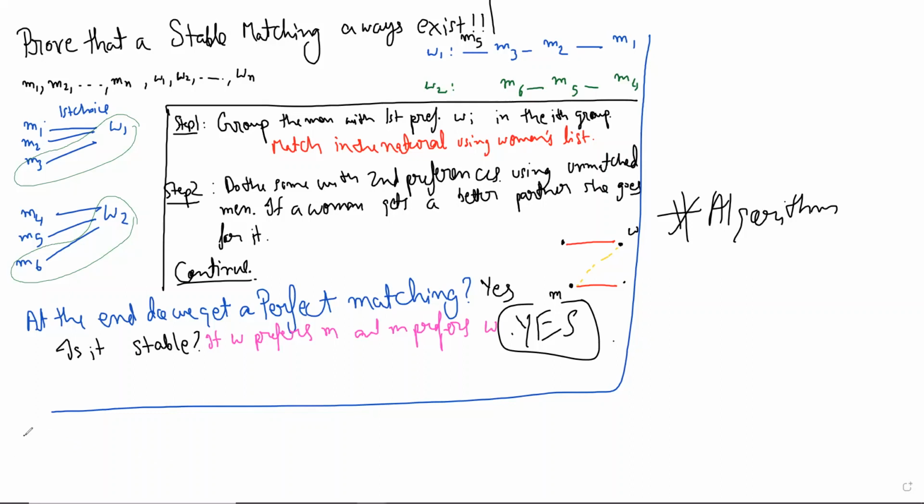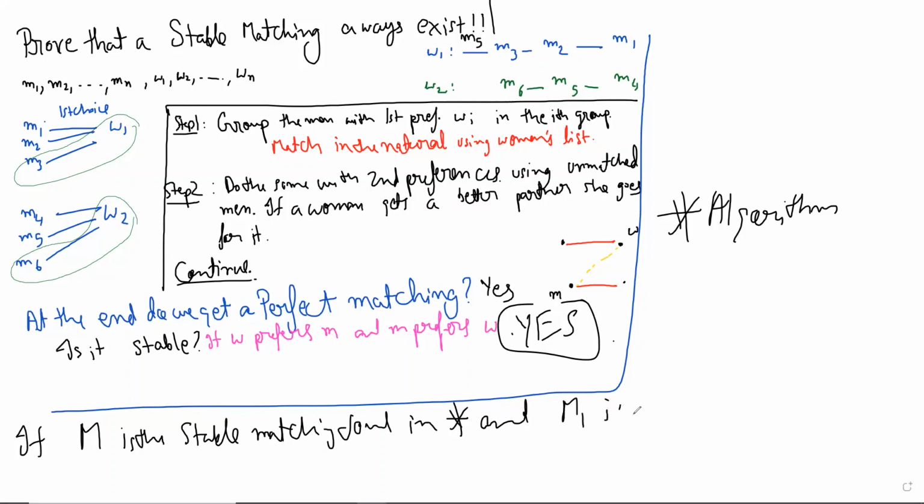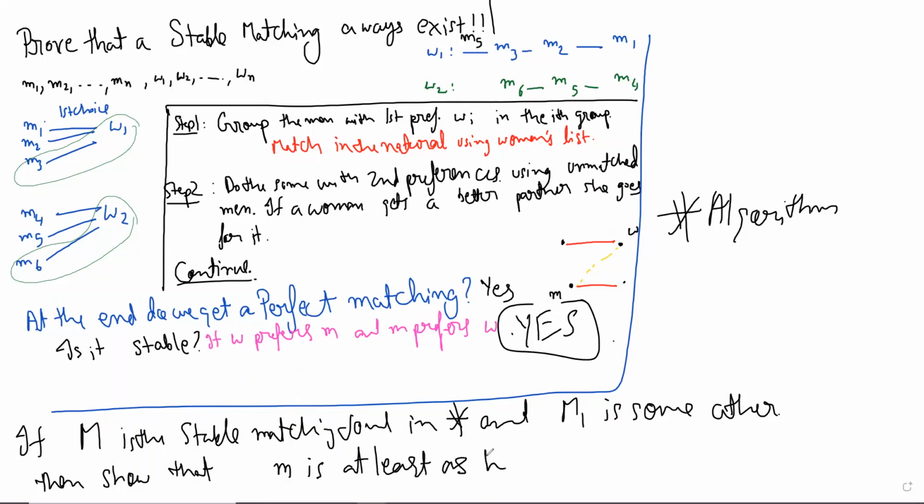If M is the stable matching found in star, and M1 is some other stable matching, then show that each man is at least as happy in M as in M1.